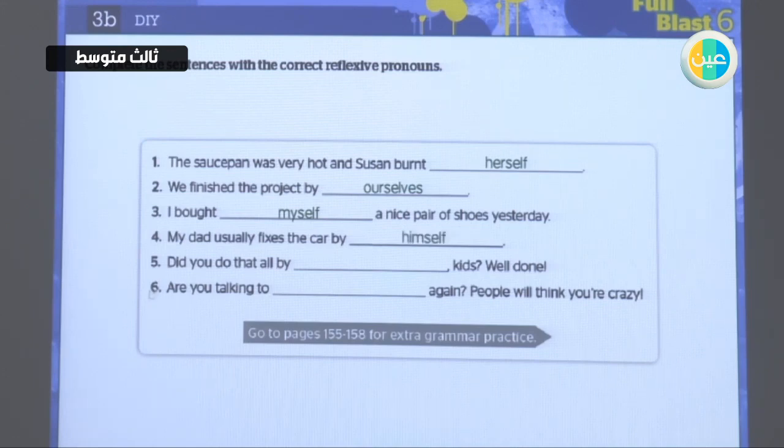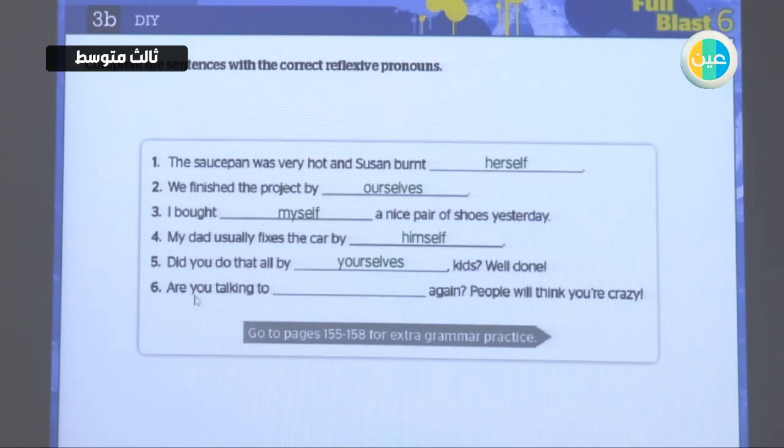Himself. Number 5, did you do that all by you? So what do you think the reflexive pronoun is? Yourselves. Are you talking to again? People will think you are crazy.